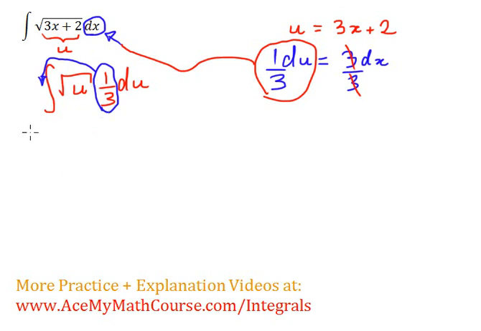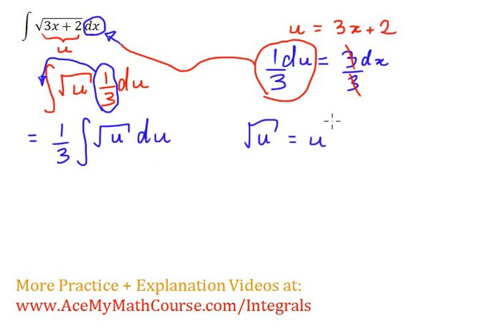So I can rewrite it as 1/3, and we're taking the integral of the square root of u. Okay, and the square root of u is equivalent to just u to the power of half, or 0.5. Right, because that's just the square root of u.